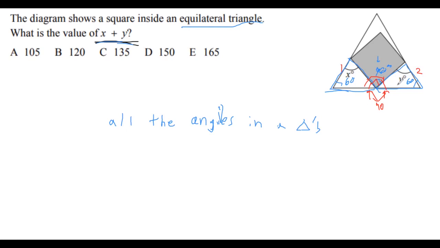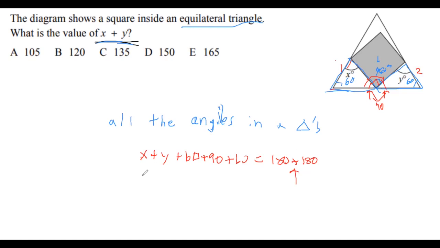It's x plus y, plus 60, plus 90, plus 60 equals 180 plus 180. Essentially I'm adding all the angles in two triangles, so I'm adding 180 twice on the right side.